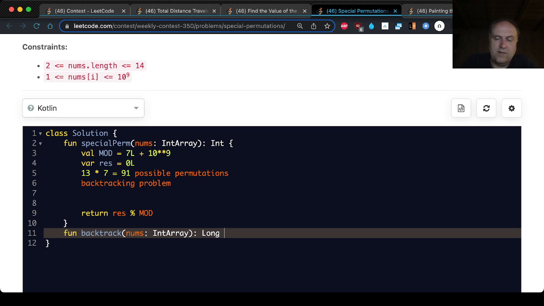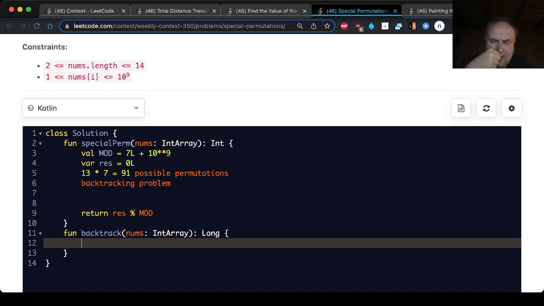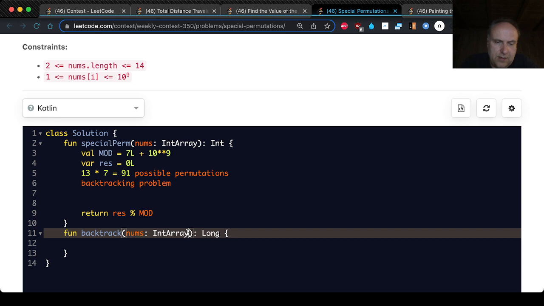I don't think I need it, but let's see. And so I'll keep track of the index.